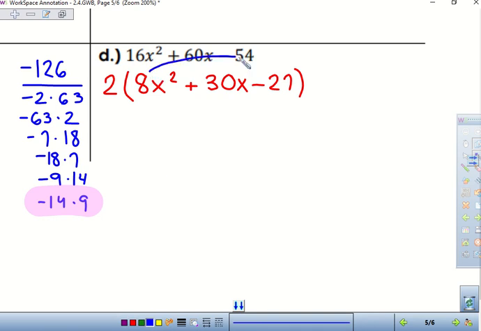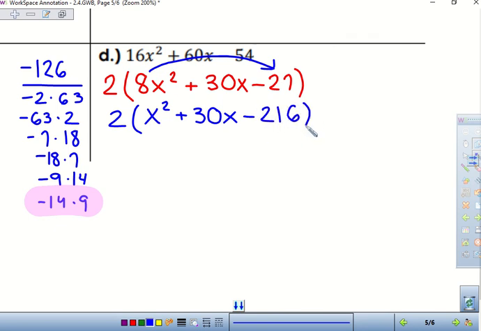The AC method says we can multiply the a by the c, like this. And then that's going to be 8 times 27, which is negative 216. So now we're looking for factors of negative 216 that add up to 30, right?